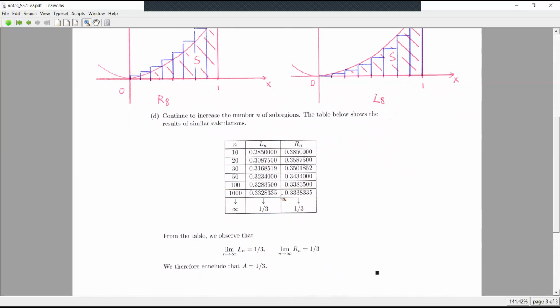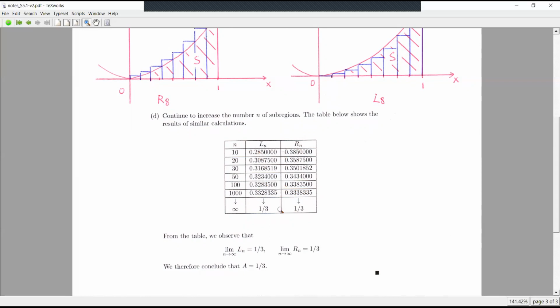And the exact area of the region always lies between the lower bound and upper bound.